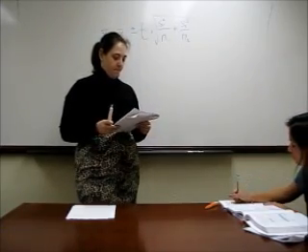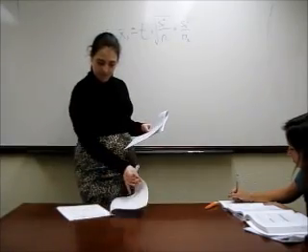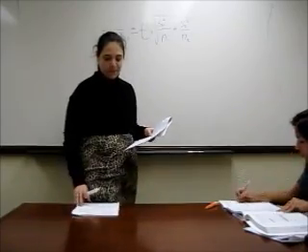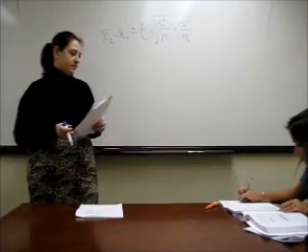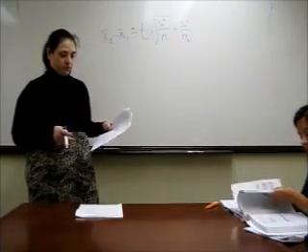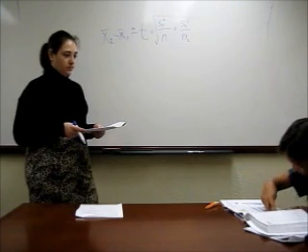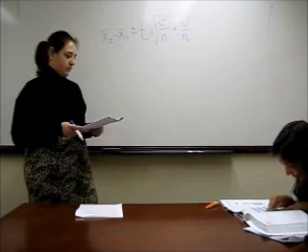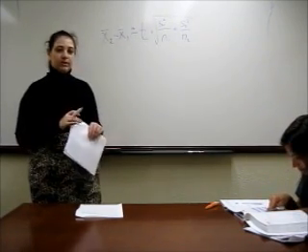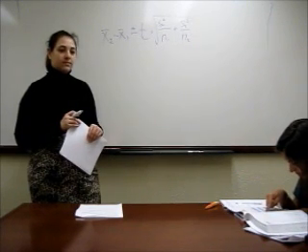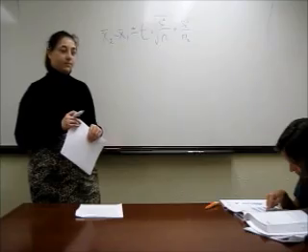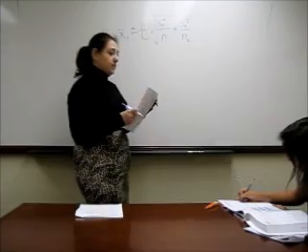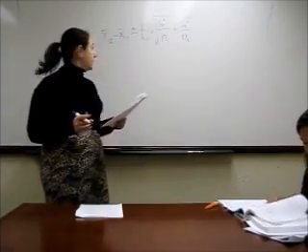So we have 14. t star is 1.76. Okay. So now we have everything that we need to get our confidence interval.